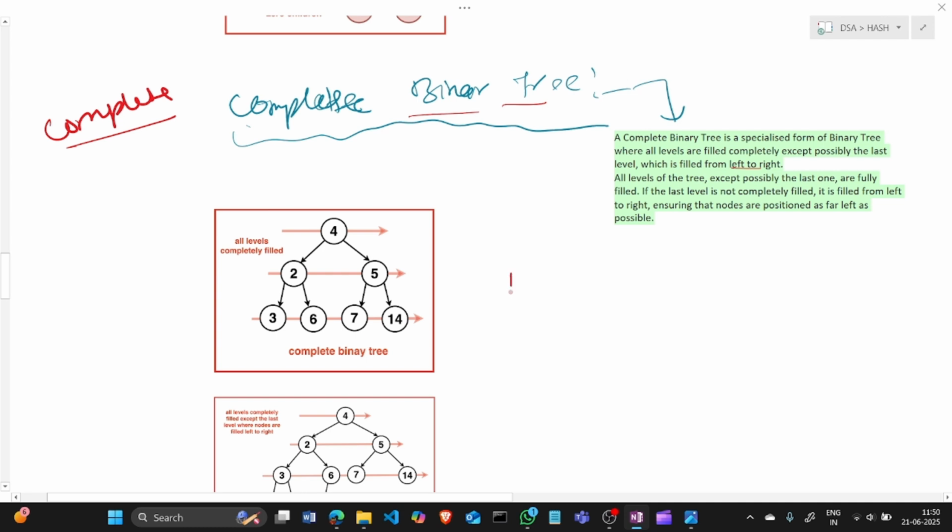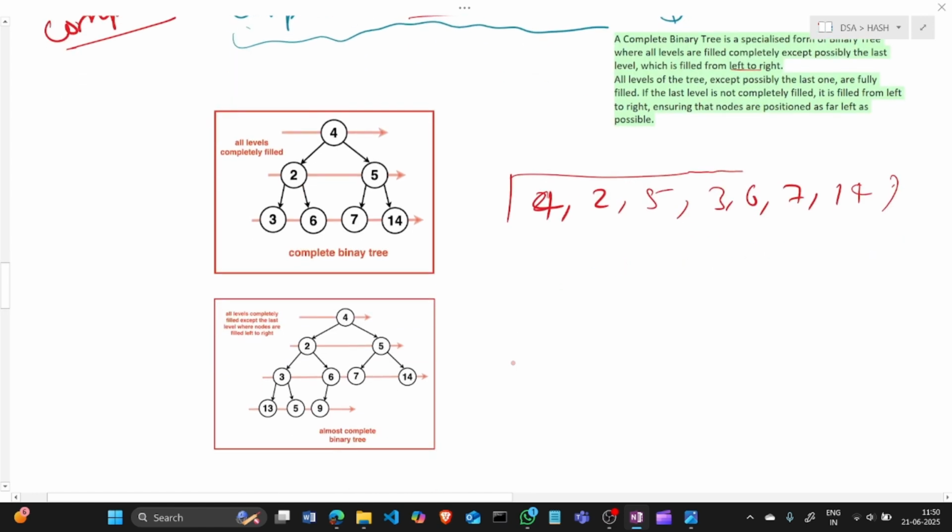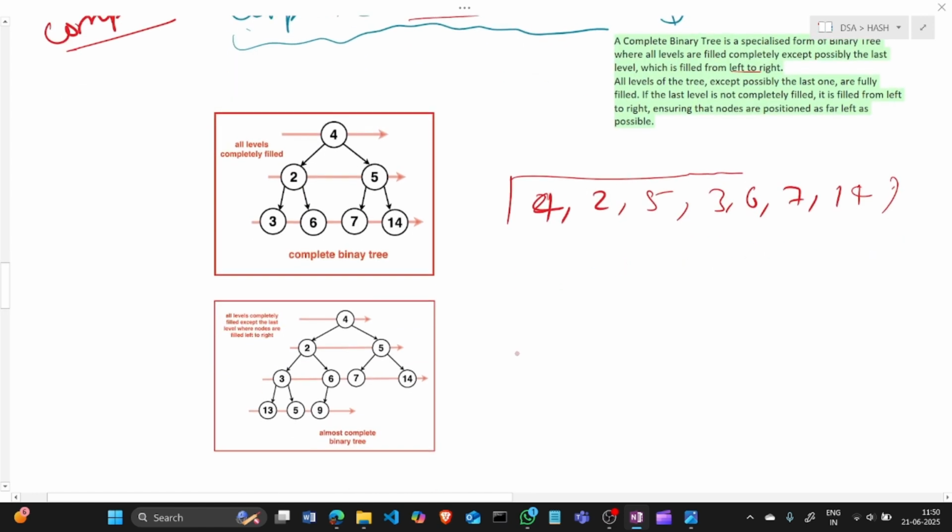Let's see the example. If these are the elements, let's say 4, 2, 5, 3, 6, 7, 14, and 13, 5, and 9.